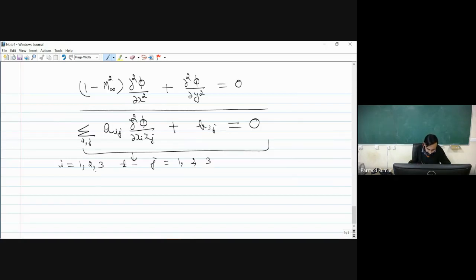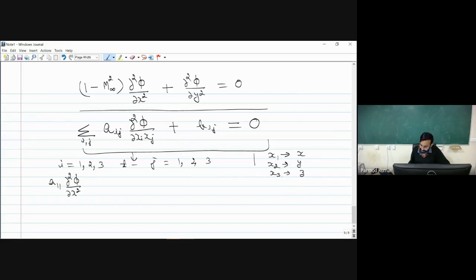I can write a11 when i and j both are 1, then the first term is a11 times del square phi divided by del x square. Now let me consider that x1 is my x direction, x2 is y direction, and x3 is z direction. Is this point clear? So x1 I am considering as x, x2 as y, and x3 as z.